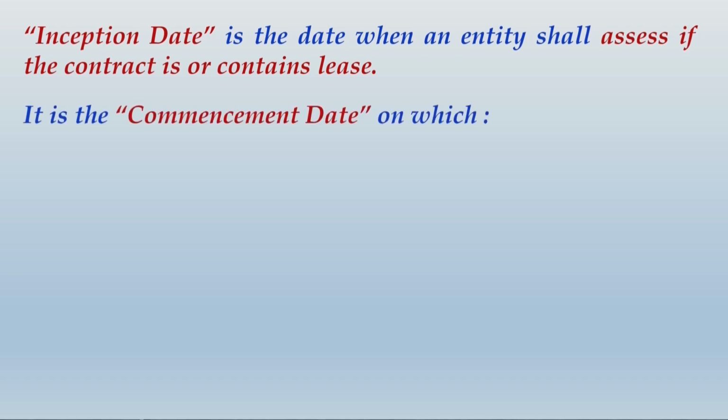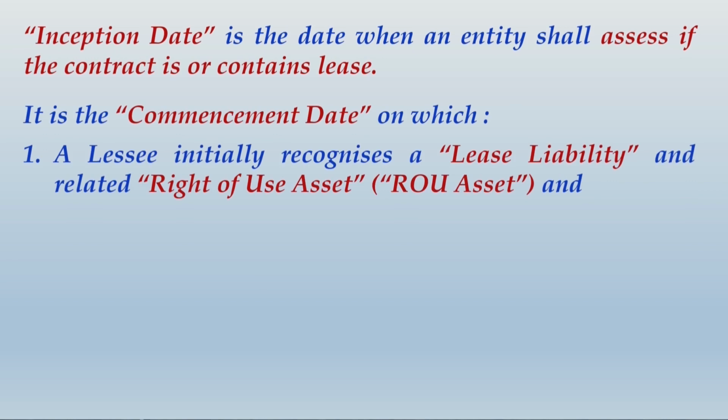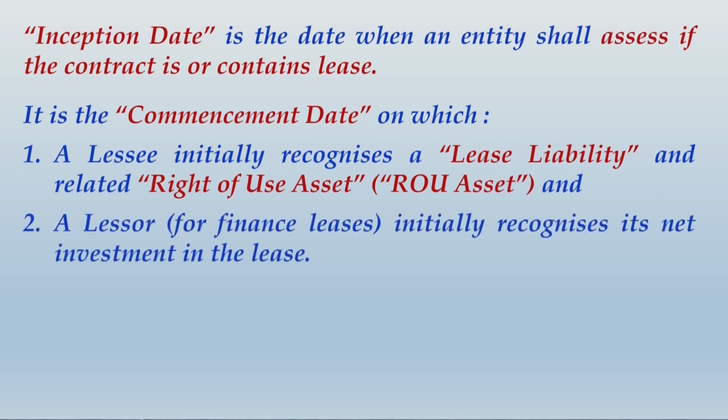It is the commencement date on which the lessee initially recognizes a lease liability and related right of use asset, that is ROU asset, and the lessor, particularly for the finance leases, initially recognizes its net investment in the lease. That means the lessor and lessee both are recognizing the leases at the commencement date. This is something important. So accounting entries begin from commencement date and not from the inception date.